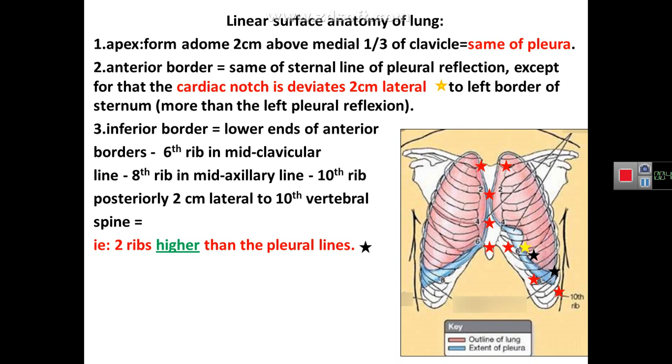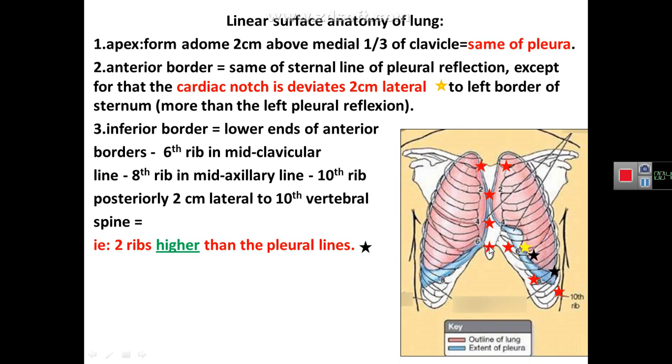The inferior border of the lung will be drawn by a line connecting the following points. We will connect the lower end of the anterior border of the lung.